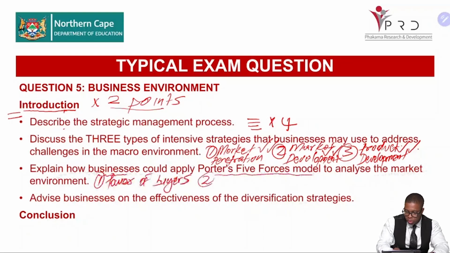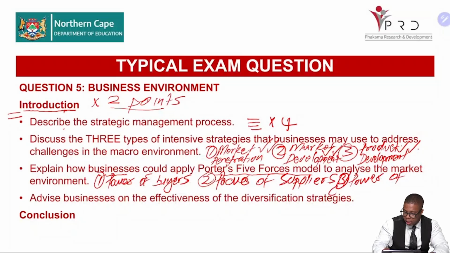Number 2, power of suppliers. And then number 3, we have power of competitors.